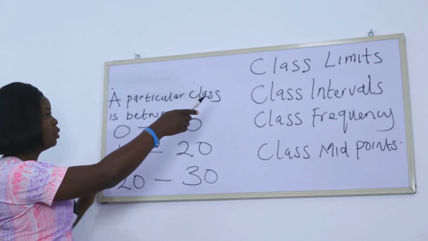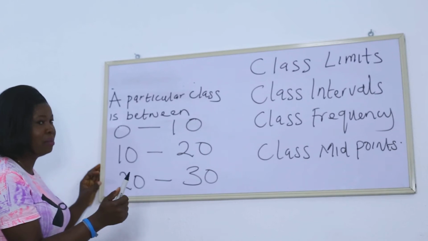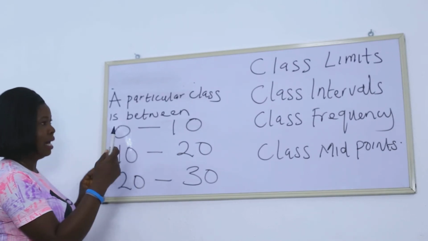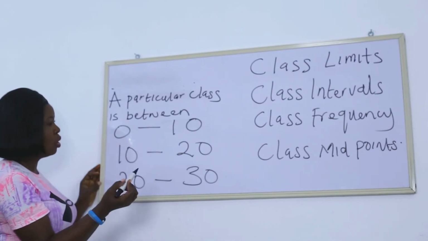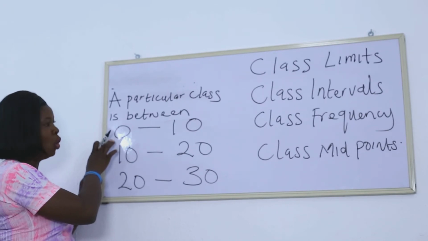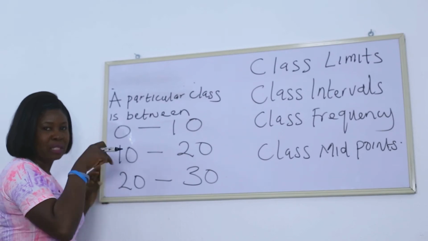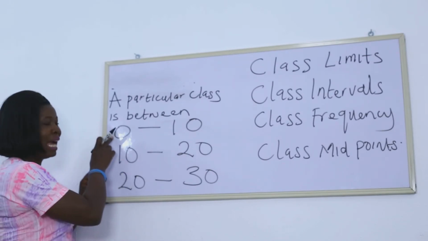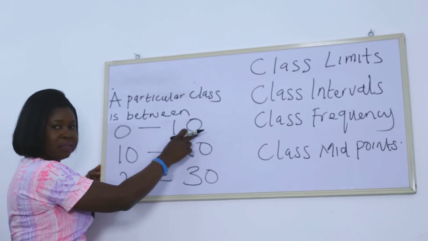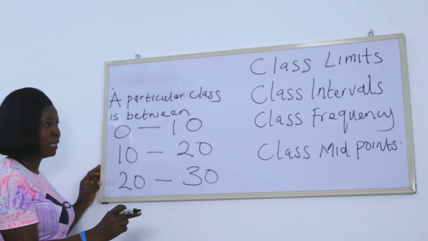The first one I listed on the board is called class limits. What are class limits? Class limits are the highest and the lowest value in that particular class.